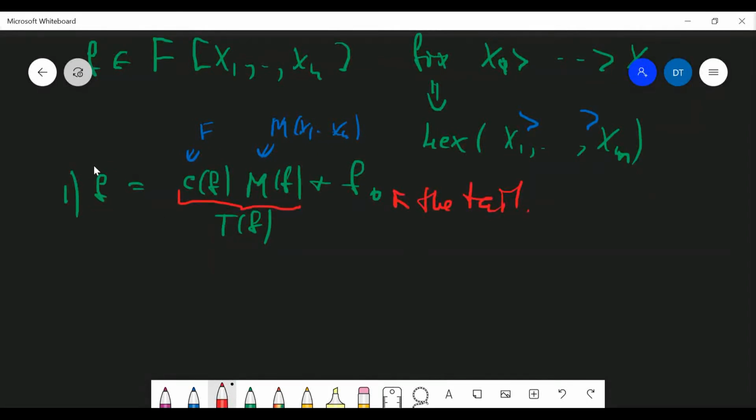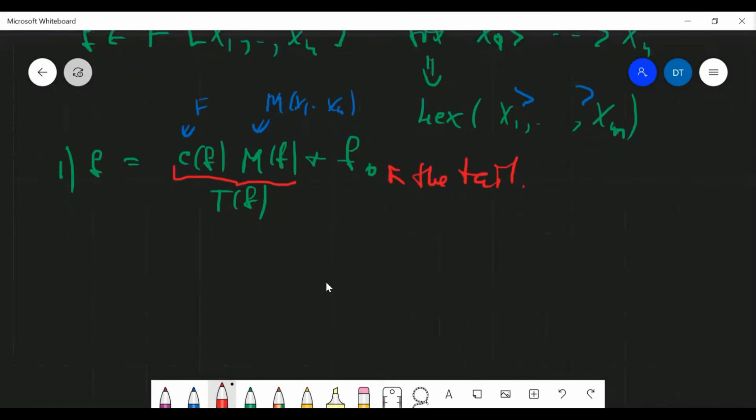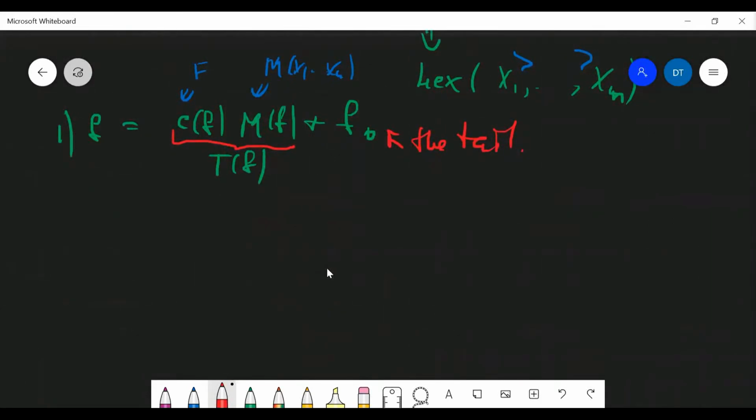And if you multiply f by any monomial, then the leading monomial will be the product of the leading monomial with the monomial you multiply by, and all the monomials in the tail will still be strictly smaller than the highest monomial.